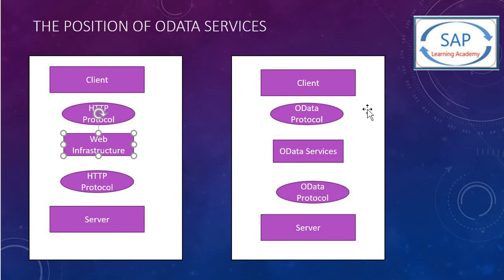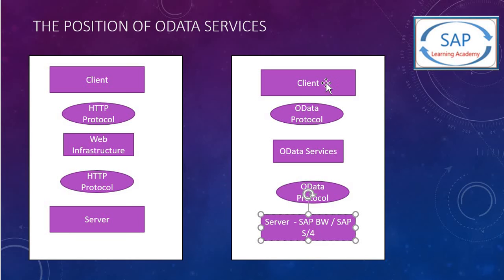And on the other side, if we look at this right-hand side picture, here also we have this client-server model, and here the server can be one of your SAP business suite applications, like if I talk about SAP BW or SAP HANA, SAP S/4HANA.